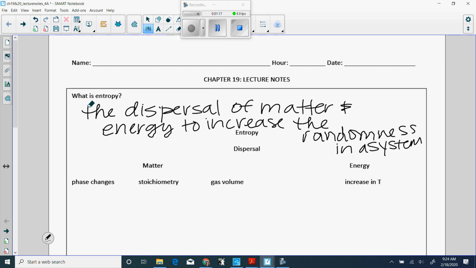System and surroundings, remember that. The system is just the chemistry, like the molecules doing their things. We are the surroundings. So enthalpy was the heat part of the system and surroundings. Entropy is the wiggliness, okay?